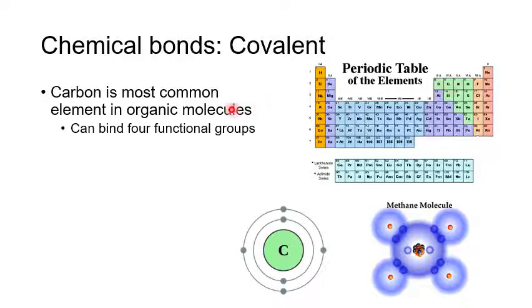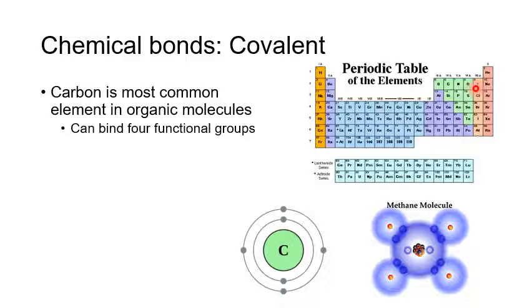How many electrons does carbon need to fill this outer shell? Right? It needs 4 more electrons. 1, 2, 3, 4. So therefore, carbon can form bonds with 4 different atoms.